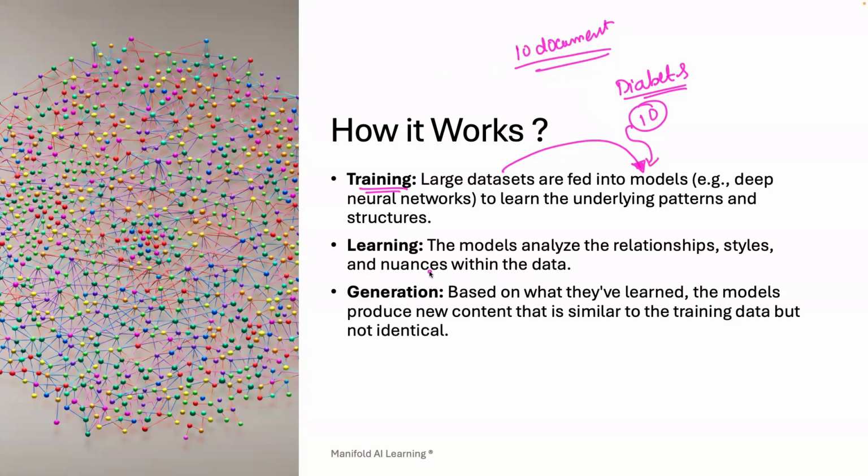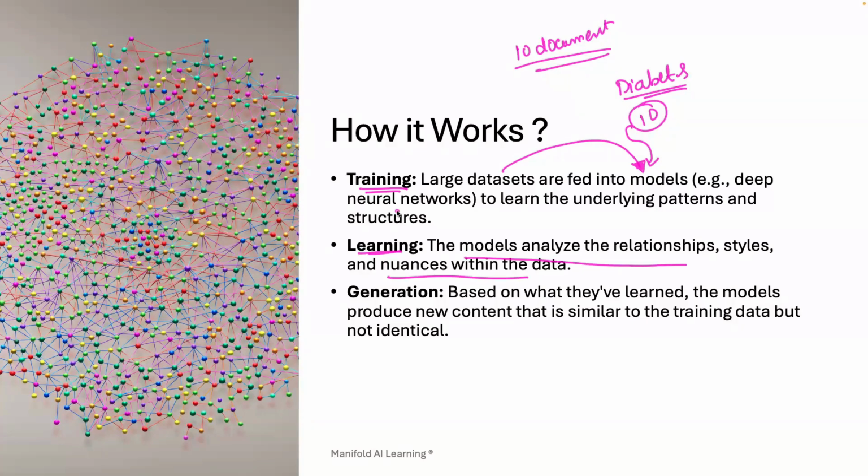Now, the model is going to learn from these 10 paragraphs to understand what exactly diabetes is, and it will try to understand the patterns that are part of diabetes. So when we provide this data set, it will analyze the data, understand the relationships between them and the nuances within the data. And this process is called learning.